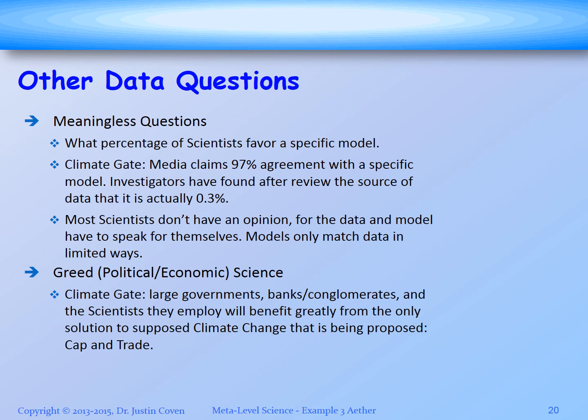And that only solution is cap and trade, and that solution was proposed when they were talking about a new ice age back in the 70s, and also today when they're talking about the earth warming. When there's only one solution and it's enriching a very specific group of people who have invested millions of dollars in the cap and trade game, it's very obvious that there's issues with the science.